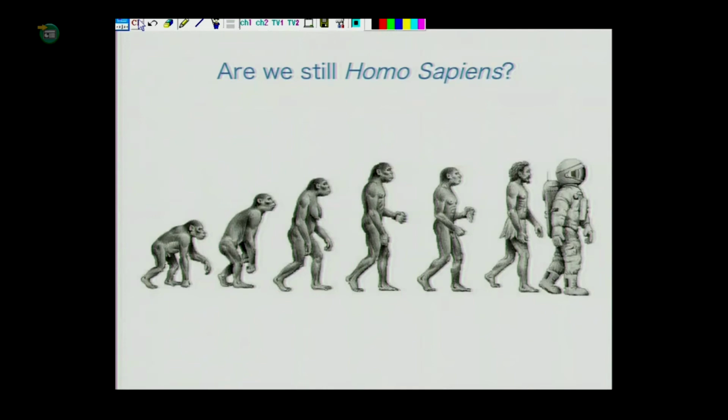I am their child, so I am Homo sapiens. In the future, I get married and I will get a baby. Maybe this baby is Homo sapiens.